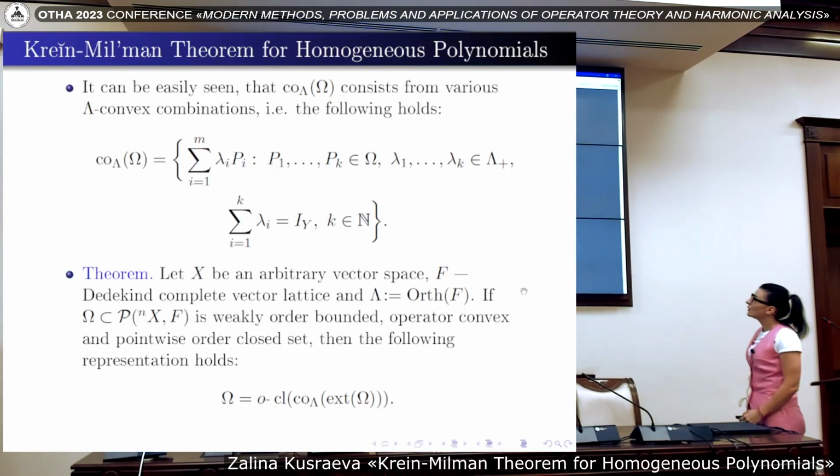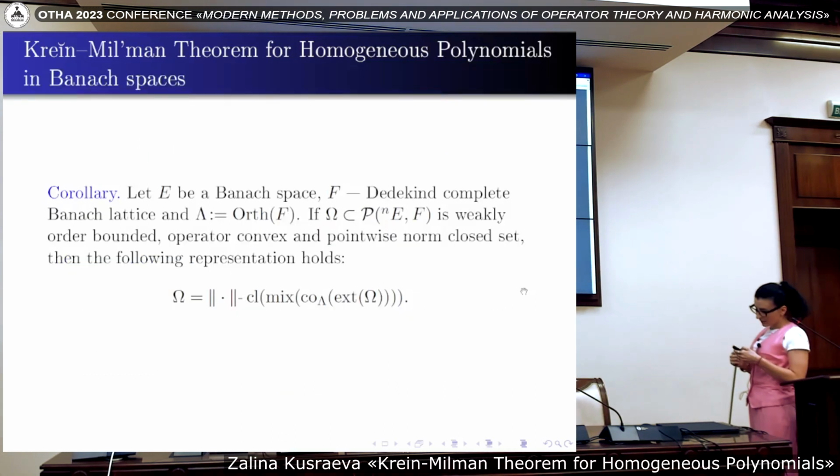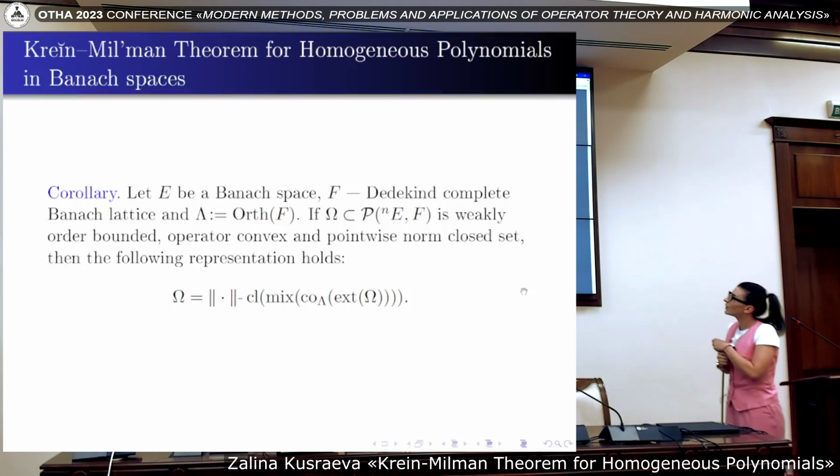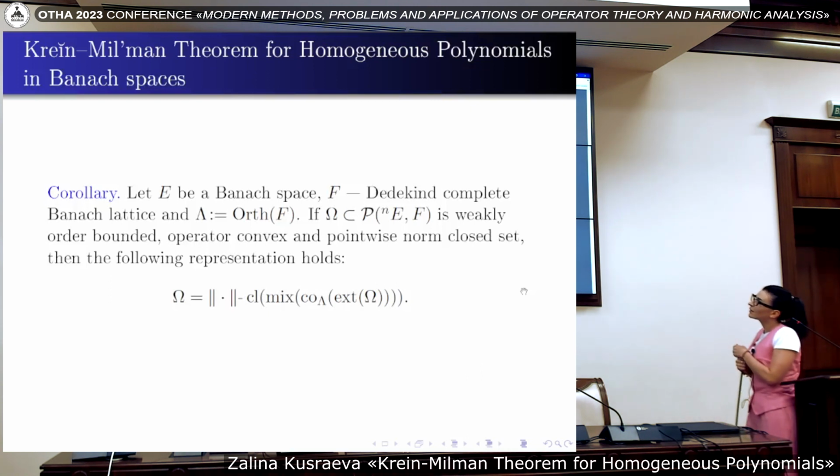And also it was interesting to see what will happen if we change the resulting space to a Banach lattice, and then we get the following corollary. F is a Dedekind complete Banach lattice, almost the same.